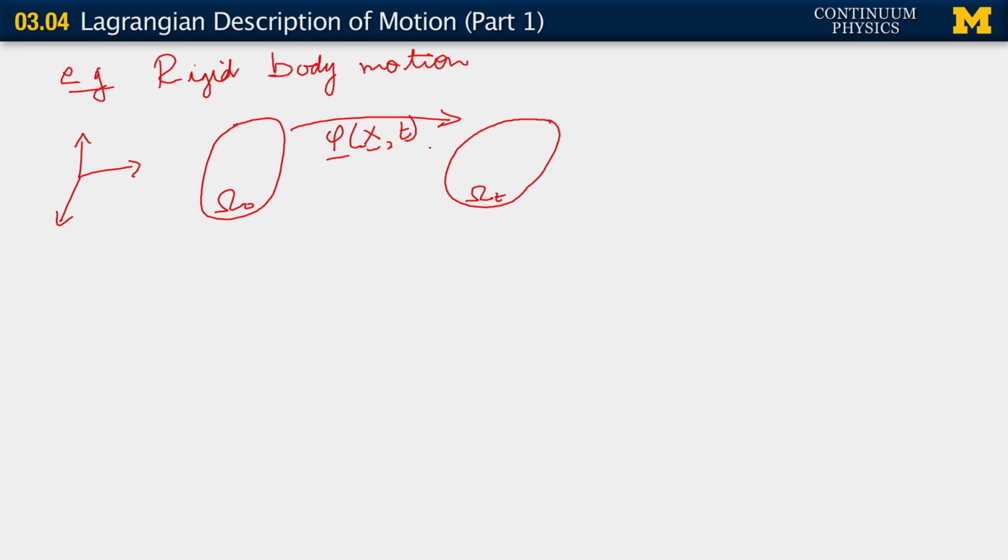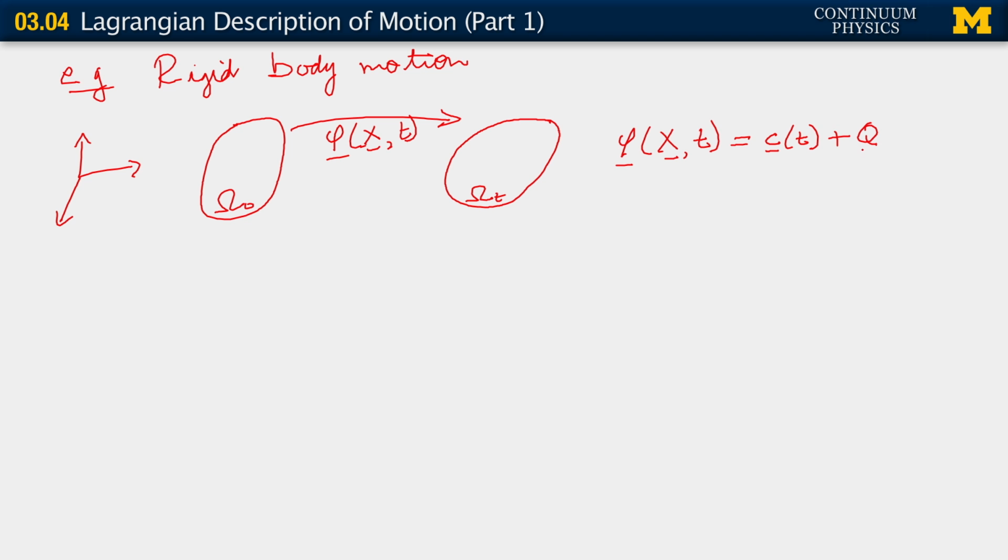So we want to compose it with a translation and rotation. So what we are going to do is to say that phi, parameterized by reference position and time, is equal to a translation, where little c now is a vector depending only upon time, and a rotation.